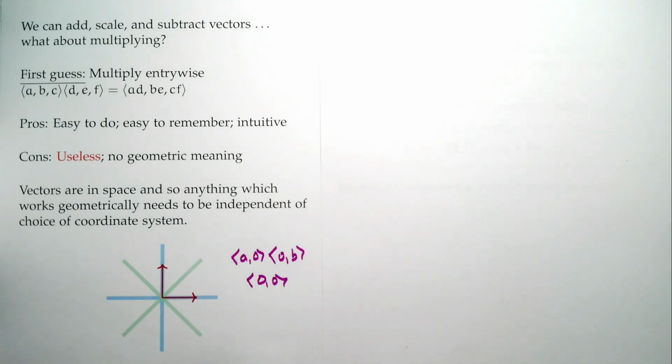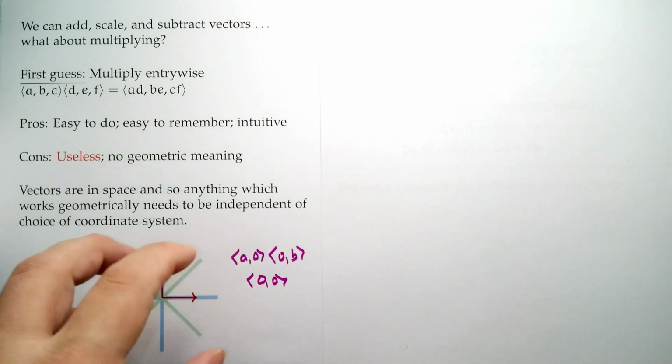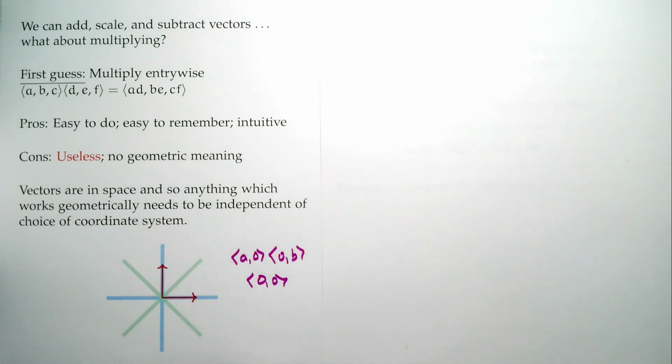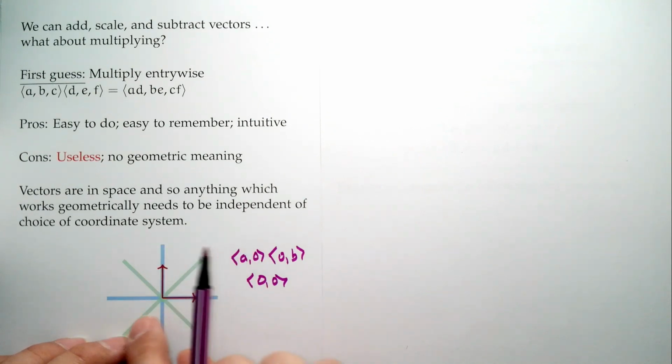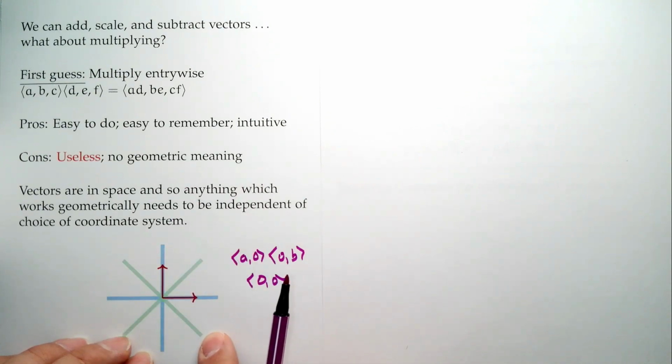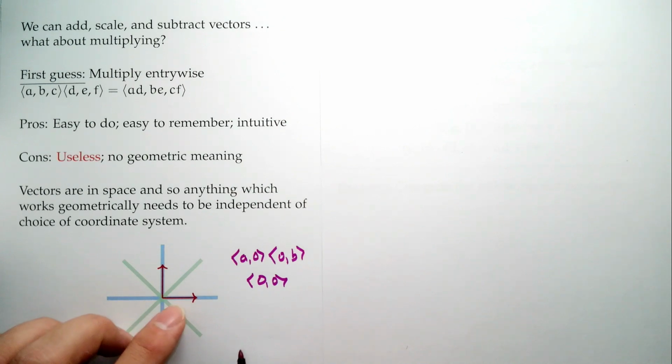But suppose I didn't use that coordinate system. Suppose I turn my coordinate system. So if I turn my coordinate system, they're now off the axes. So what's happened? Well, this vector over here looks like it's going something like a negative a.